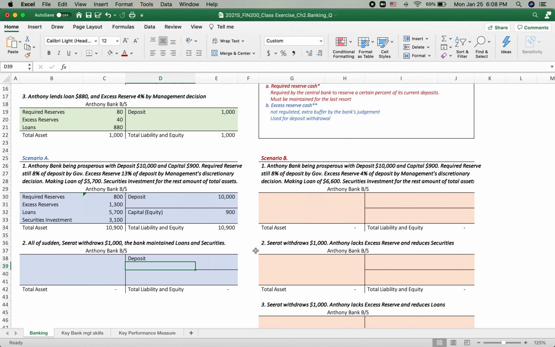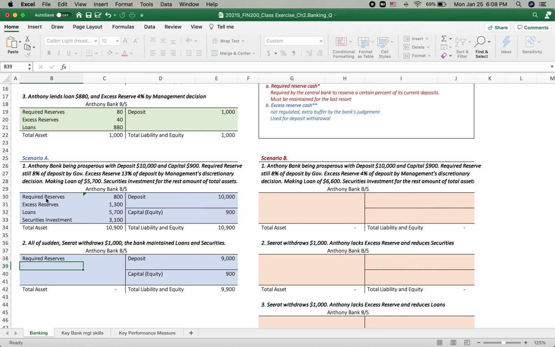Deposit has now been reduced from $10,000 to $9,000 because CRED withdrew, and the capital equity doesn't change. So 900. So the total liability and equity is now 9,900. That is going to be the same as the total asset amount.